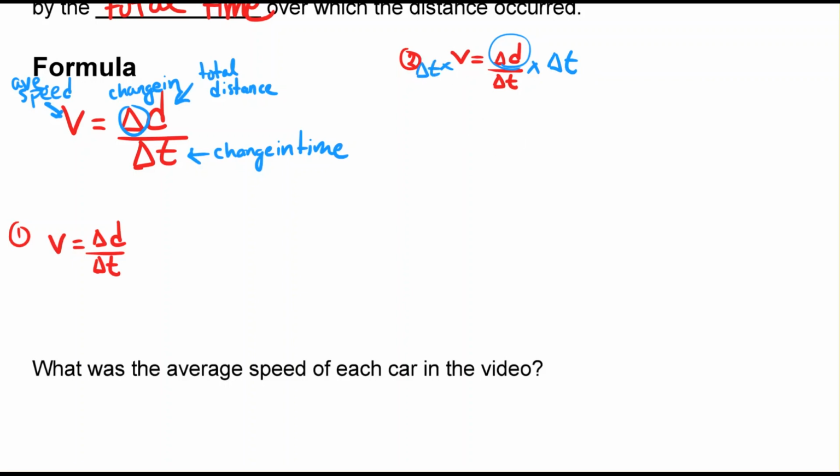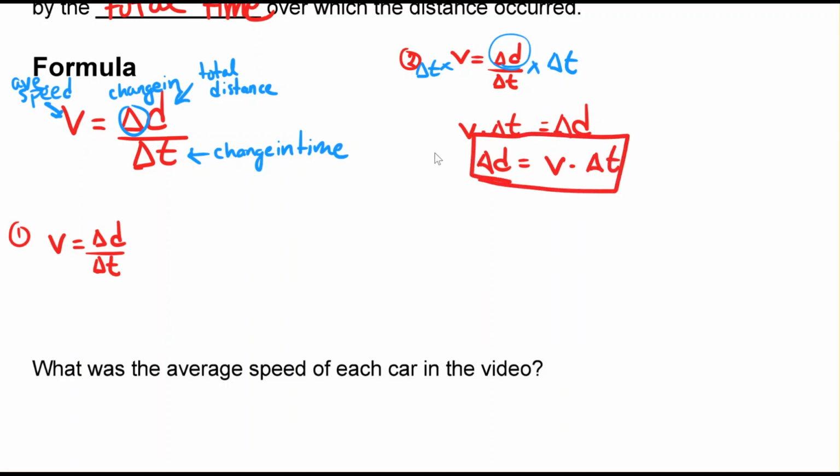And so our new version of our equation is V times delta T on the one side equals delta D on the other. Remember, we can always swap the entire right-hand side and the entire left-hand side, we'll just reverse the equation. That's fine. So delta D equals V times delta T. Perfect. That's the other version of the equation.